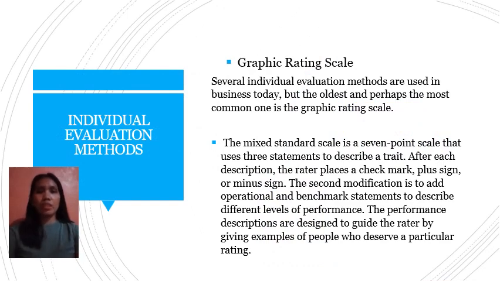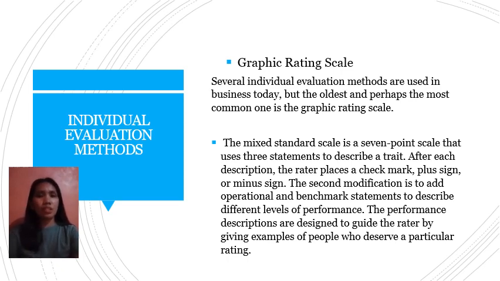Individual evaluation methods. Graphic rating scale. Several individual evaluation methods are used in business today, but the oldest and perhaps the most common one is the graphic rating scale. The mixed standards scale is a 7-point scale that uses three statements to describe a trait.